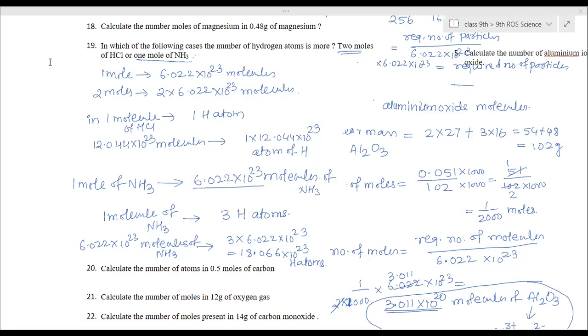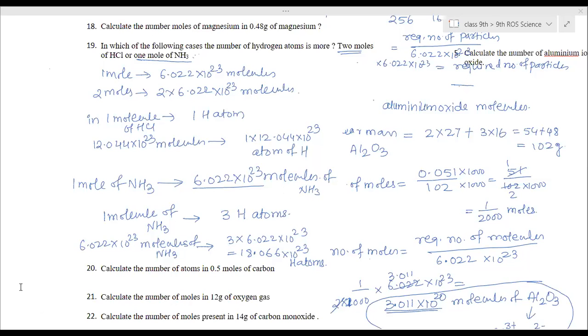Is the 20th answer 3.011 into 10 to the power 23 atoms? Yes, right. We've already done the 21st question, ma'am.